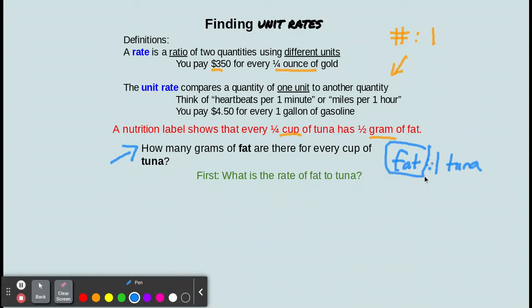But before we do that, we have to first find out what is the rate of fat to tuna. Here's our fat, 1/2, to, here's our tuna, 1/4. So that is our rate, 1/2 to 1/4.